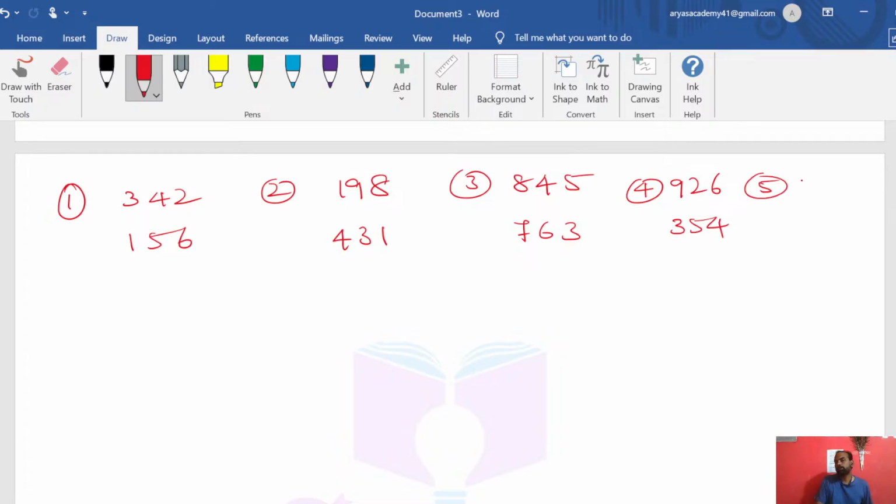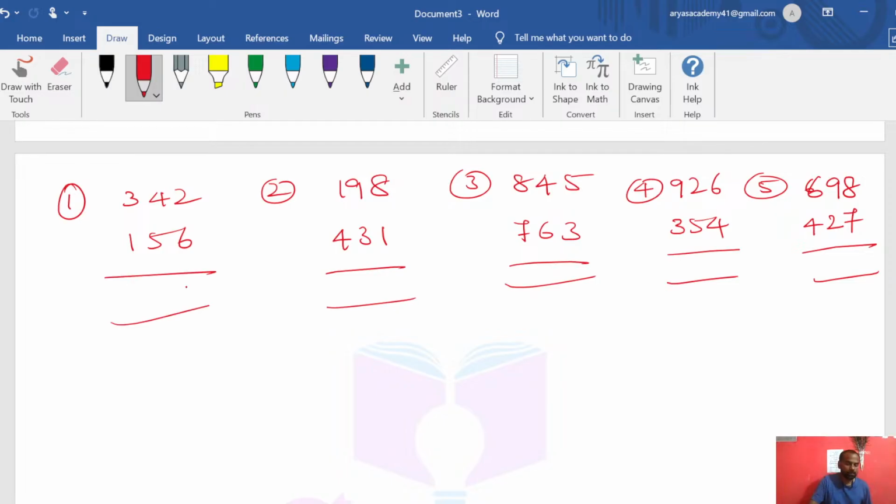One last question, 698 multiplied by 427. So these are the 5 questions. You have only 30 seconds, and be honest in posting the number of questions that you are able to solve in 30 seconds. Okay, so the time you'll get is 30 seconds and it starts now.